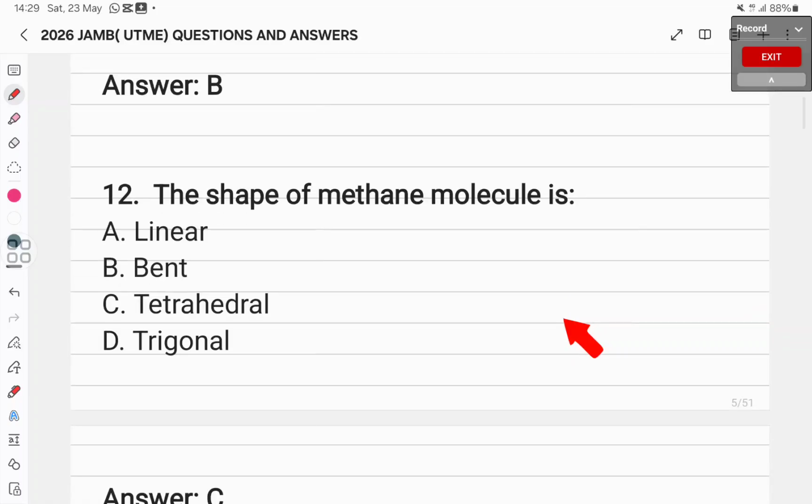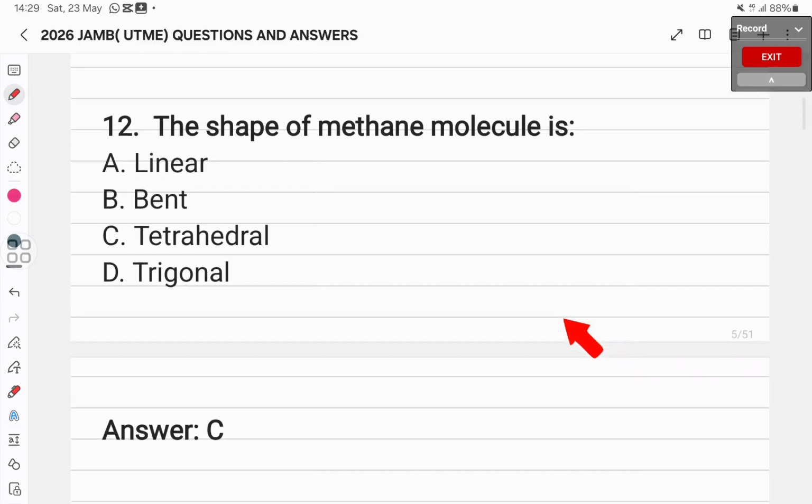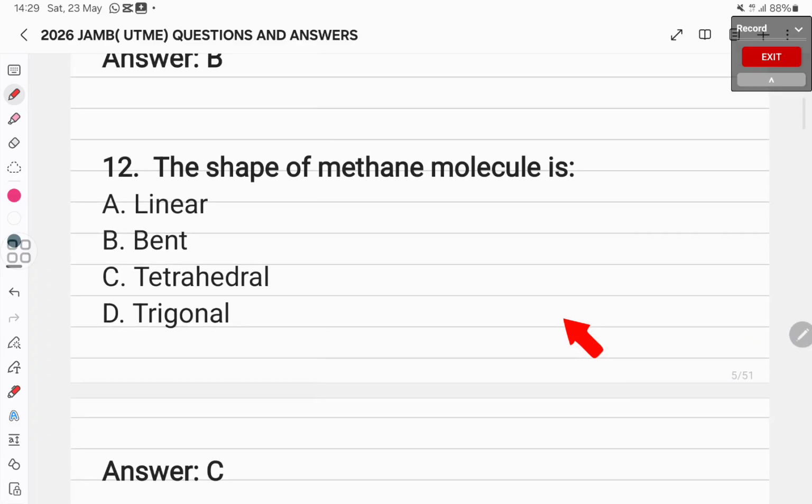Question number 12. The shape of methane molecule is tetrahedral. That is C, tetrahedral. Tetrahedral is simply represented by this. When you are looking at the 3D shape, it looks somehow this way, and you have the hydrogen.